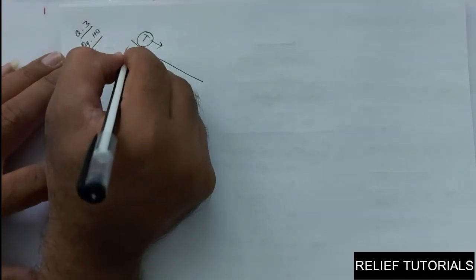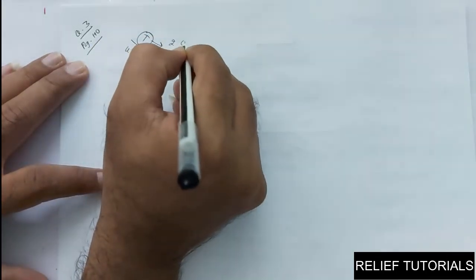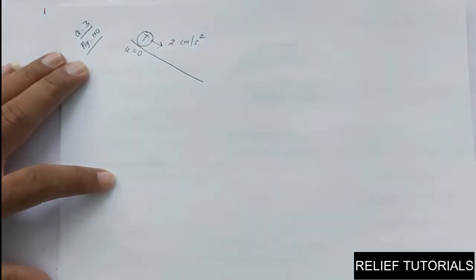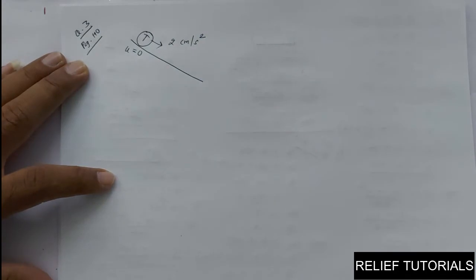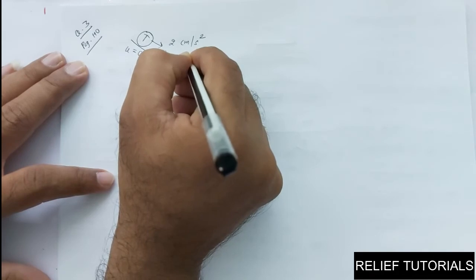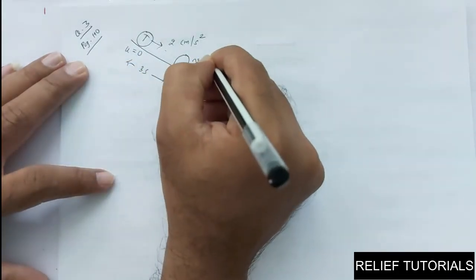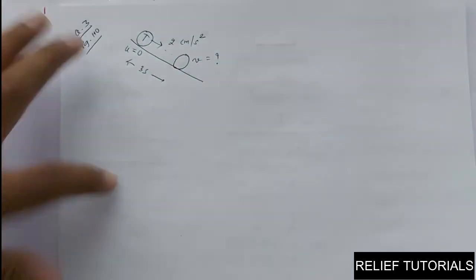So before it starts to move, its initial velocity is 0. That is the logic to be understood. It moves with the acceleration of 2 cm per second square, and they are asking what would be its velocity after 3 seconds of start. So here its velocity is to be calculated.